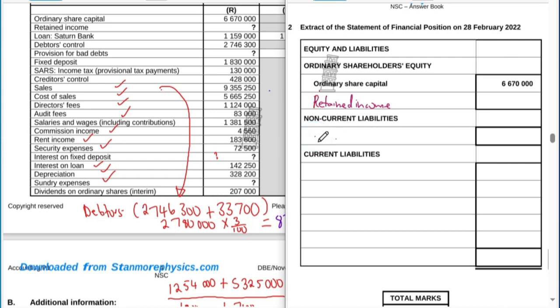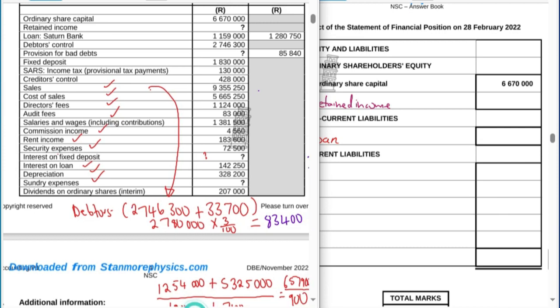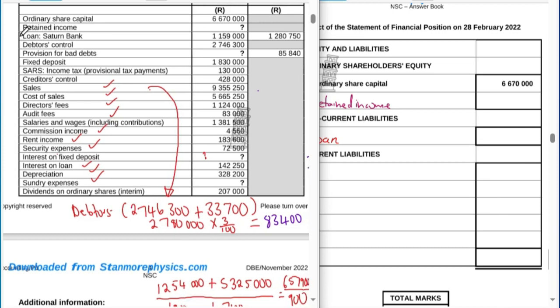Under non-current liabilities, we have only the loan, and from our extract there, our loan, we'll come back there.